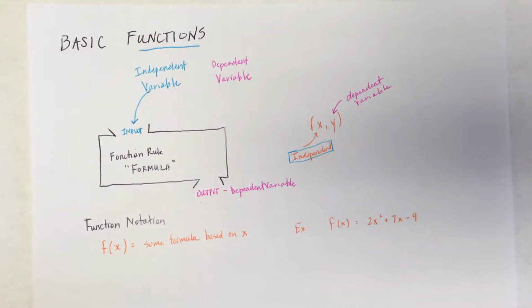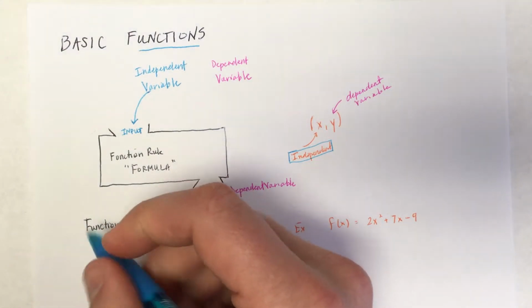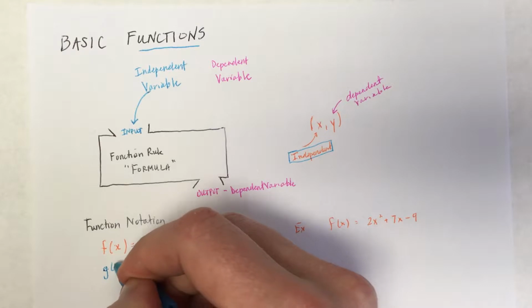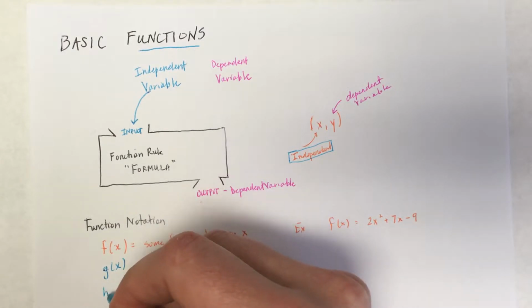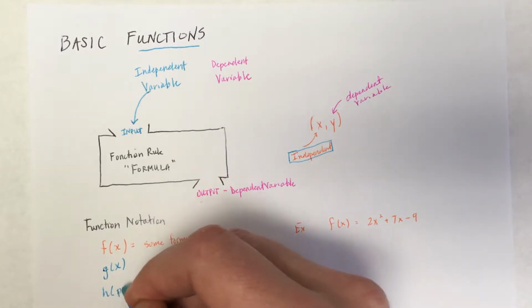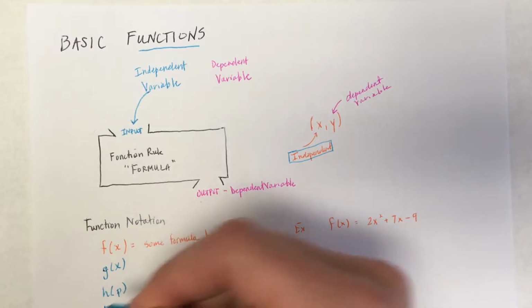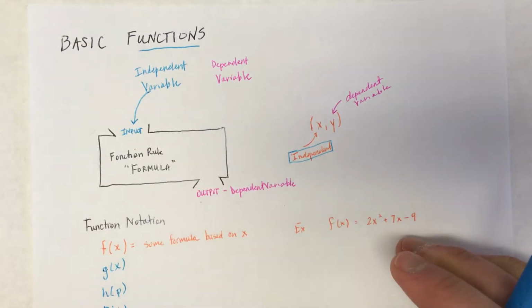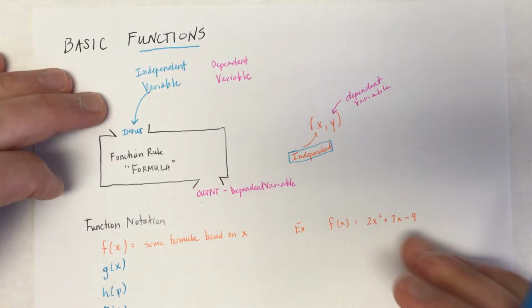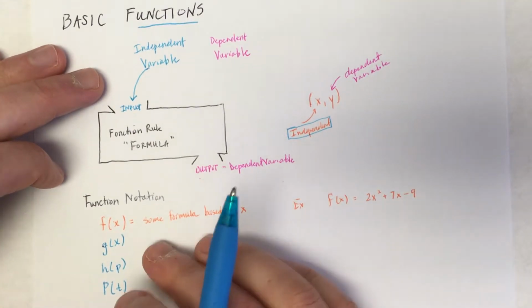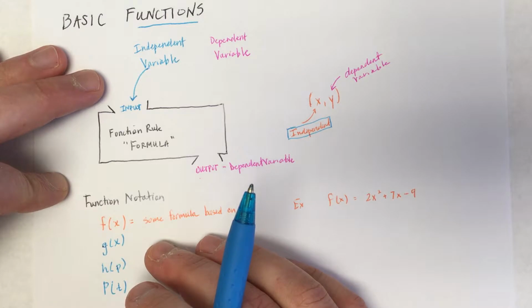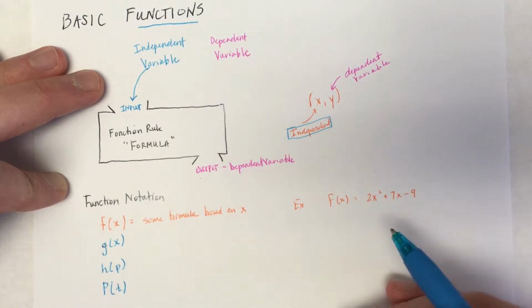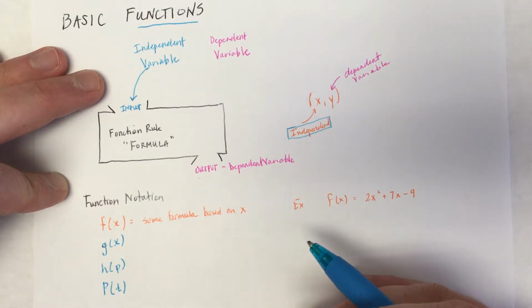We oftentimes see f of x, but that's not the only way you can see it. You can see g of x. You could see h of p. You can see a lot of times population based on, say, time. And all of these are function notations. What you get with function notation is this ability to assign variables to describe exactly what you're working with.